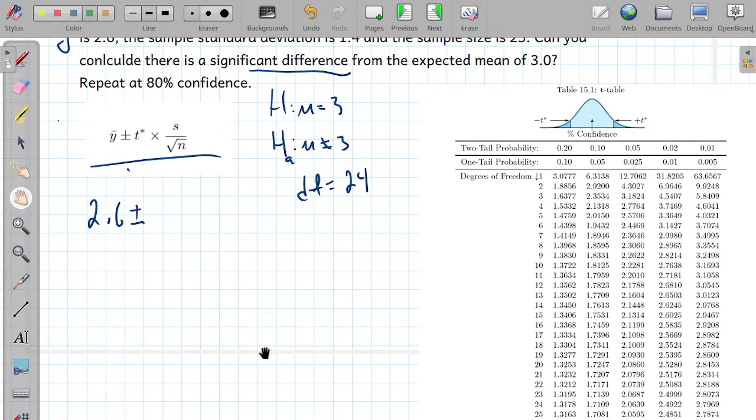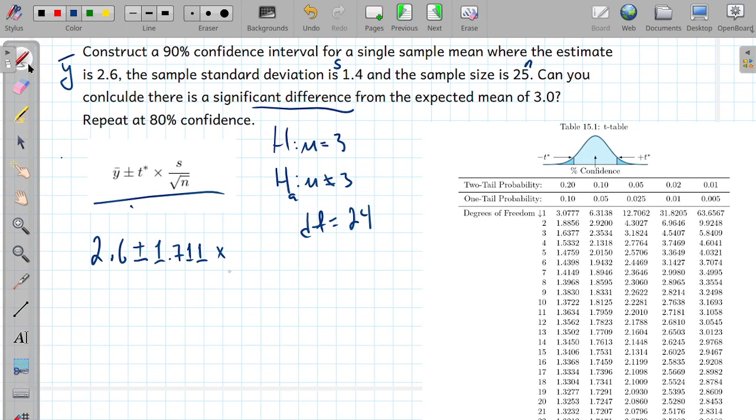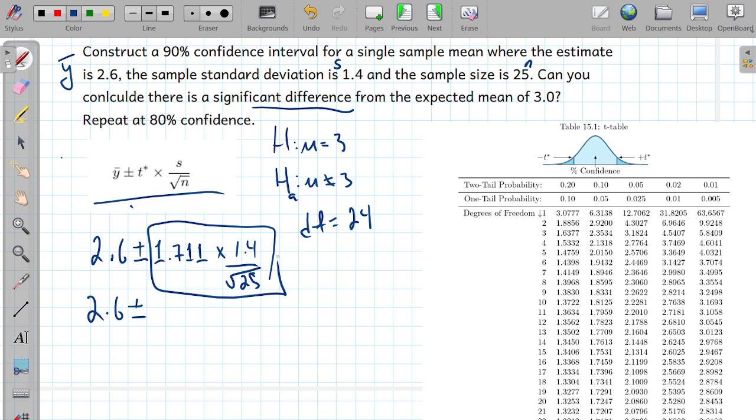So this is going to be 1.711. Now, S is 1.4, and we have to divide out the square root of the sample size, which is 25. Now, 2.6 plus and minus, again, let's get the margin of error.